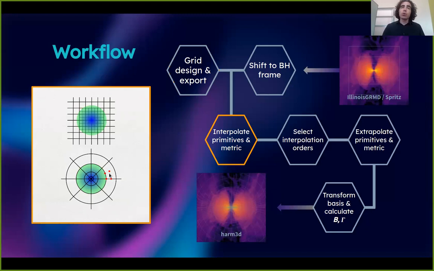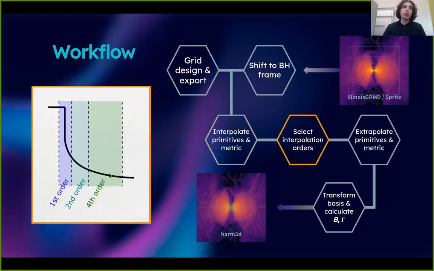We use multiple orders in this interpolation procedure. That's because high orders are preferred because they reduce interpolation errors. But since we are handing off MHD primitives that can have shocks, we keep also first order interpolation.